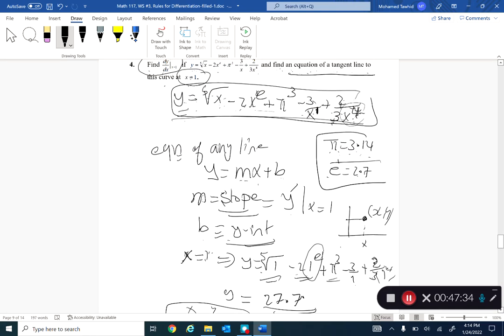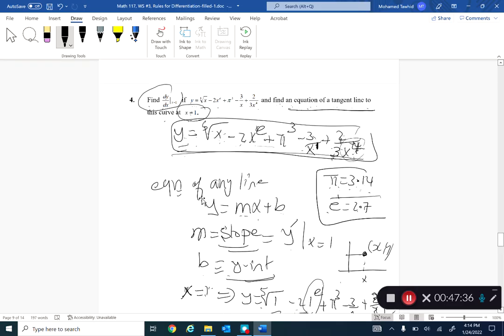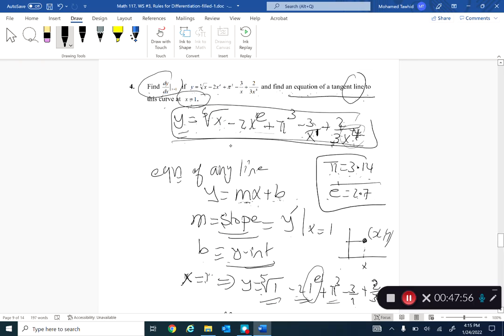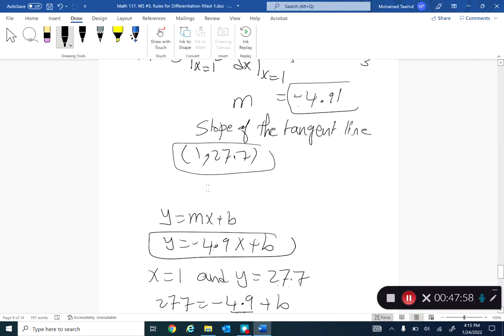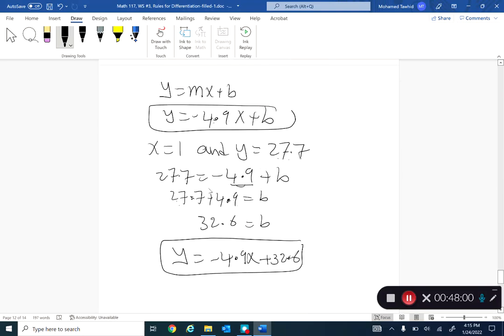They ask you to find the equation of the tangent line. It's just a line. What is the equation of any line? mx plus little b. What is your m? That is already found, the slope, which is negative 4.9. I need to get the y-intercept. How to get it? I need one point: x equals 1, y is 27.7. So mx plus b, m is negative 4.9.